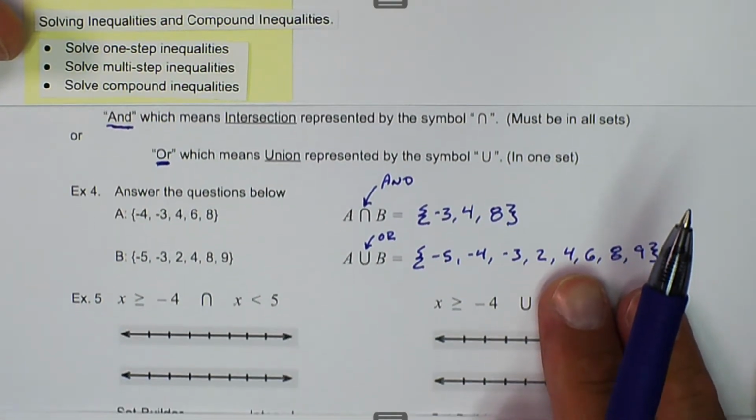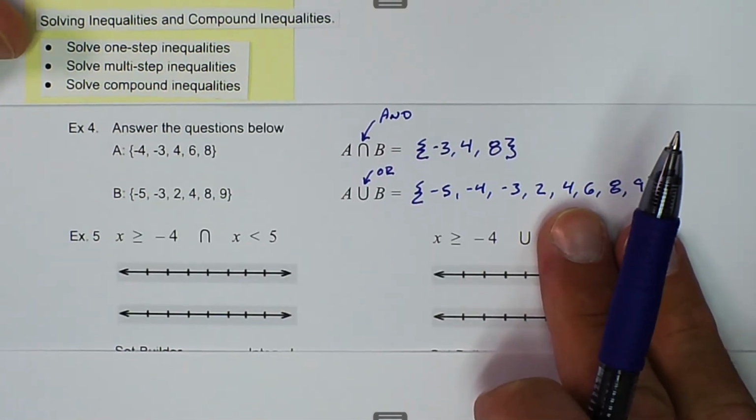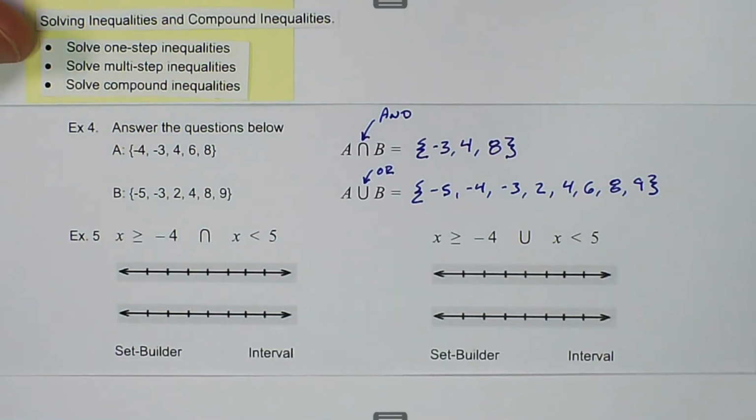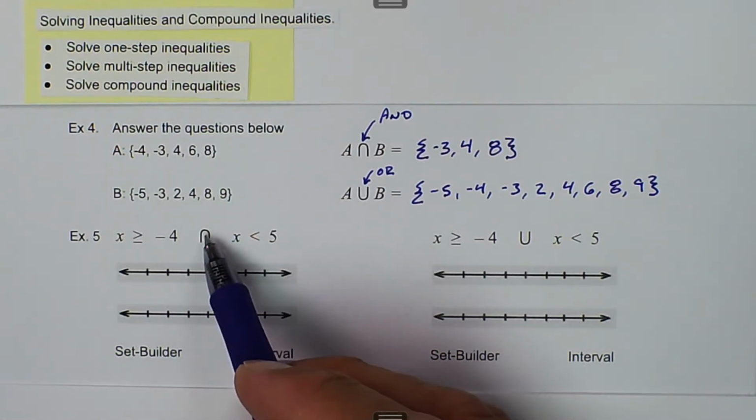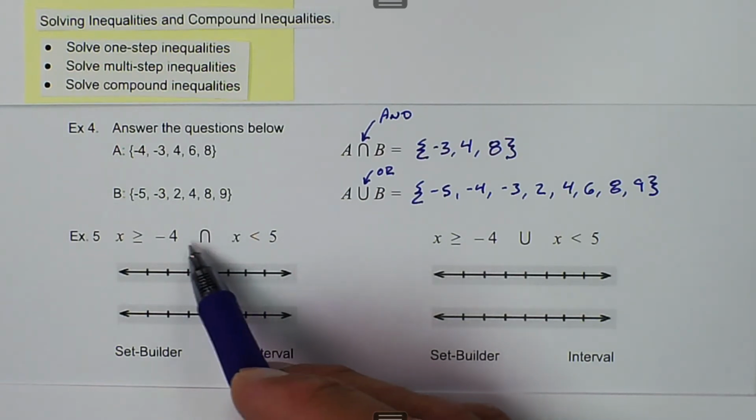So let's take a look at example 5. So we have two different inequalities, and we have this symbol in here to join them.